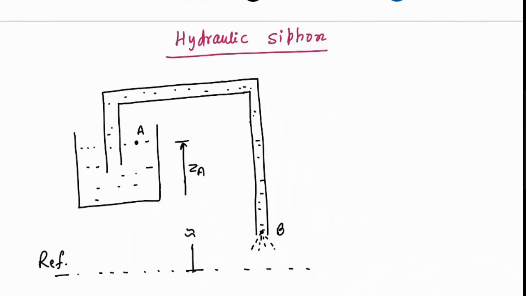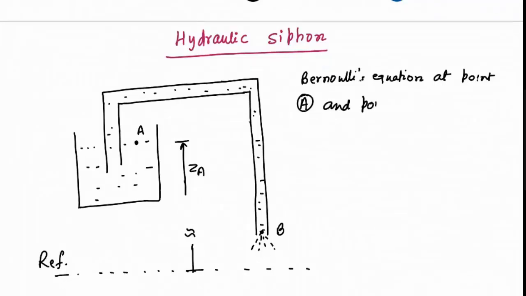So we can apply Bernoulli's equation at point A and point B. Then I can write pressure at A divided by rho g, plus Z, plus half V square.